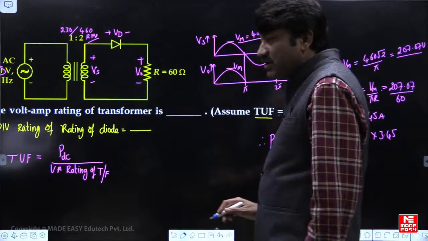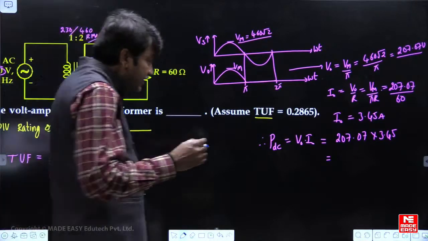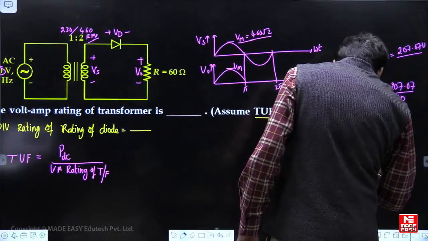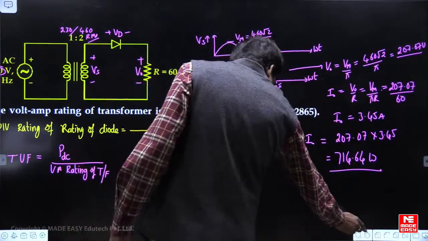Calculate the power due to the DC component: 207.07 into 3.45 comes to 714.64 watts.